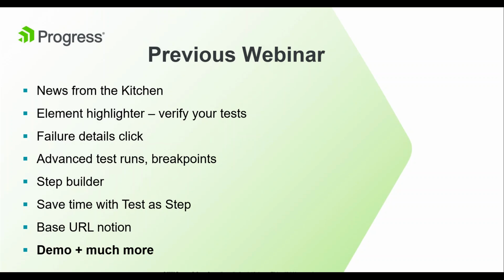You are going to see part of it today as well, and so on and so forth. So last time, me and my colleague showed you guys the element highlighter and how you can work with every single element in the DOM, whether it's by creating advanced verification or wait or extraction steps, or building steps from scratch with the help of the test builder.